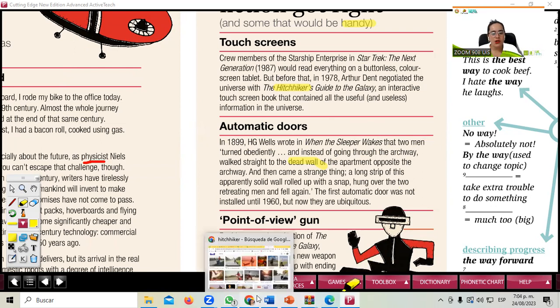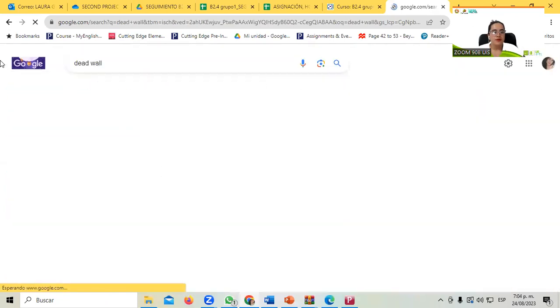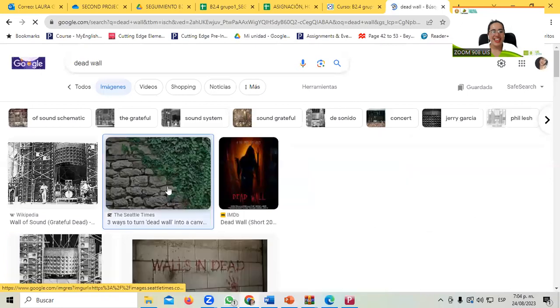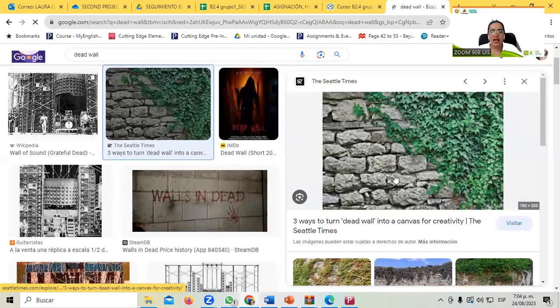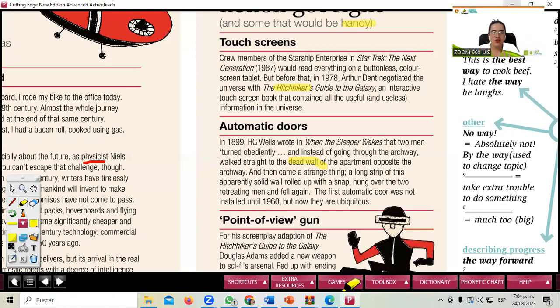What is the dead wall? What do you think it means? All right, it means to have a wall without any opening, right? So a wall with no windows is a dead wall, okay?